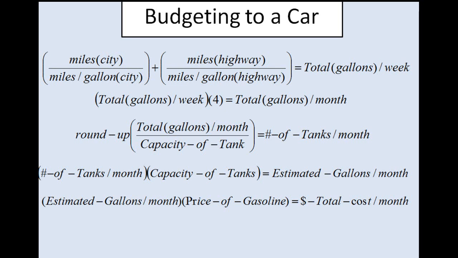Now multiply by 4 to determine the total gallons per month. Then you divide by the capacity of the tank and round up in order to determine the number of tanks per month. Multiply again by the capacity of the tank to estimate the gallons per month, and multiply by the price of gallons in order to determine the total cost per month.